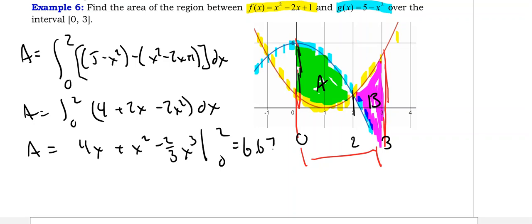Area B, then, which is going from 2 to 3, we're integrating from 2 to 3, is going to be just the opposite. You're going to have x squared minus 2x plus 1, and that's going to have the other one subtracted from it.